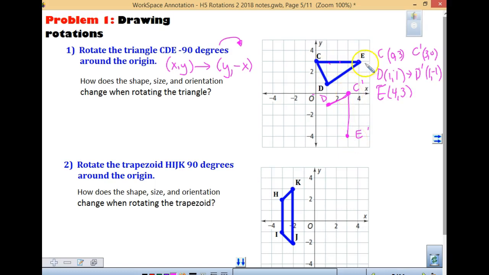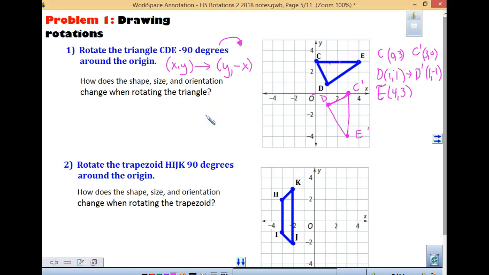So it's really nice when I'm looking at this one, right, that C to E here is horizontal. When I do a 90-degree turn, it should change just the opposite and be vertical. The question asks, does the shape, size, or orientation change when you rotate? Does the shape change?